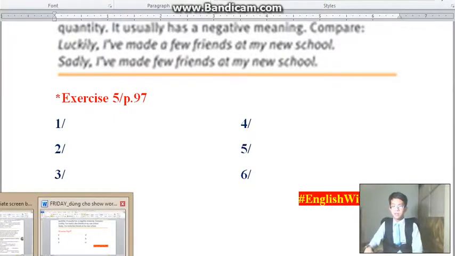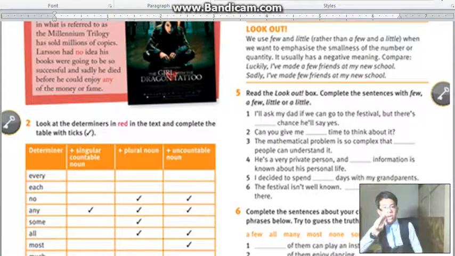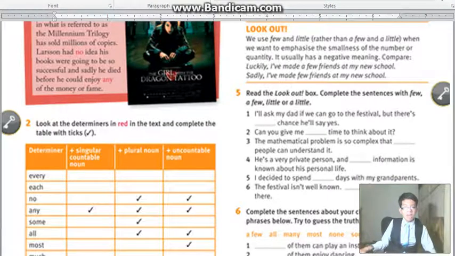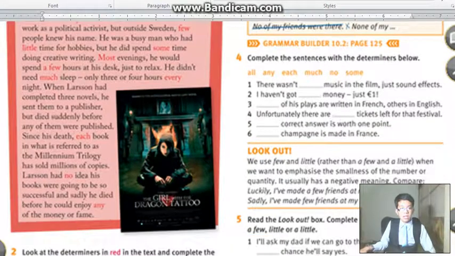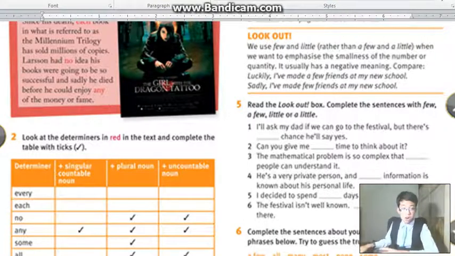Alright. Let's read the sentences and do it right now. Alright, read the look out box that I have told you before. Complete the sentences with few, a few, little, or a little. I will ask my dad if we can go to the festival. Alright. But there is blank chance he will say yes.